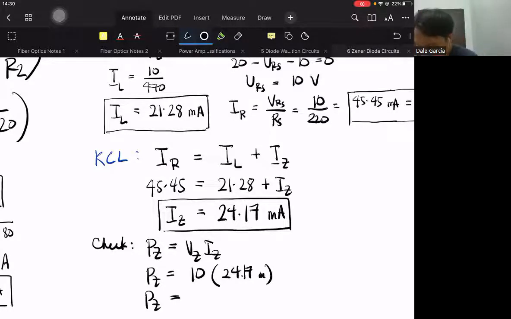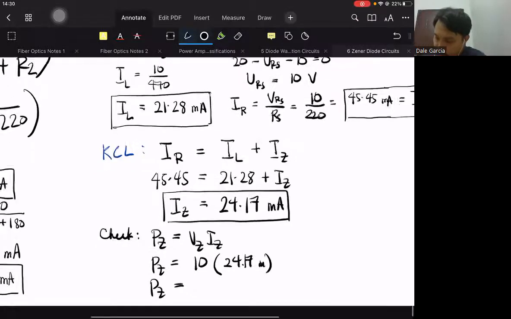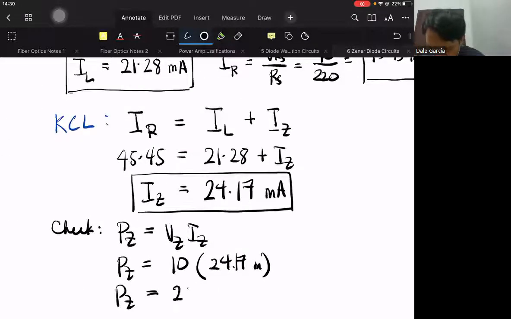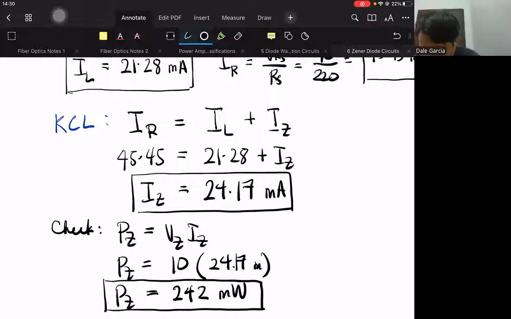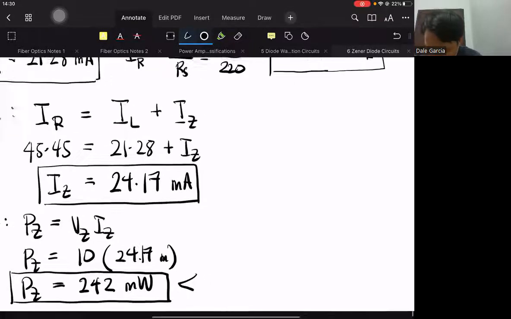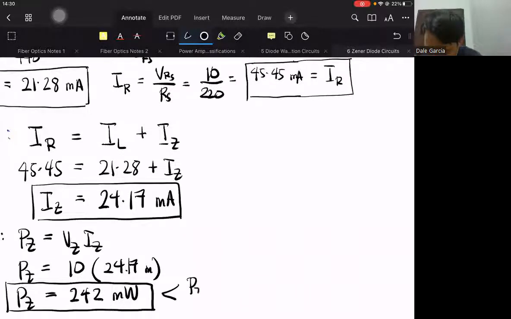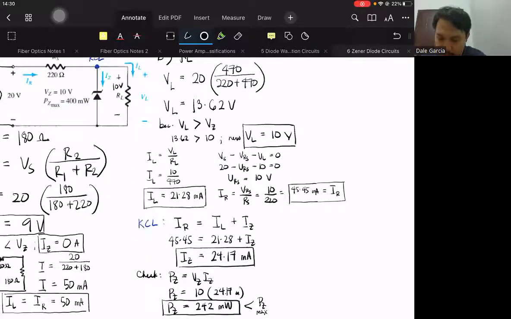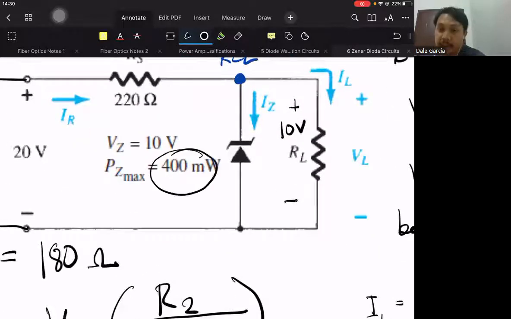Therefore, PZ is 241.7 or 242 milliwatts, which is less than PZ max. How much is PZ max? It's given as 400 milliwatts, the maximum power that our Zener diode could withstand.